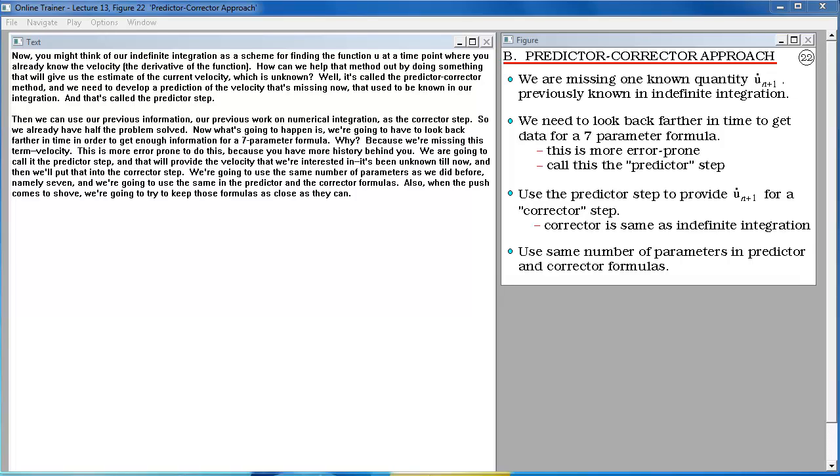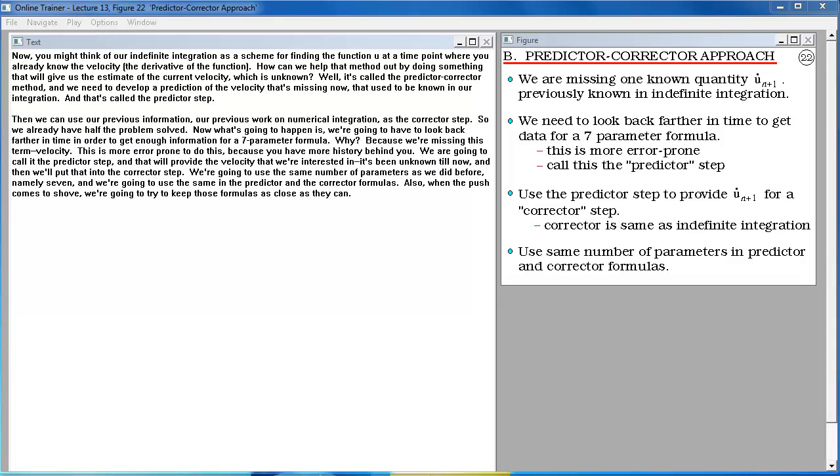Well, it's called a predictor-corrector method, and we need to develop a prediction of the velocity that's missing now, that used to be known in our integration. And that's called the predictor step. Then we can use our previous work on numerical integration as the corrector step. So we already have half the problem solved.